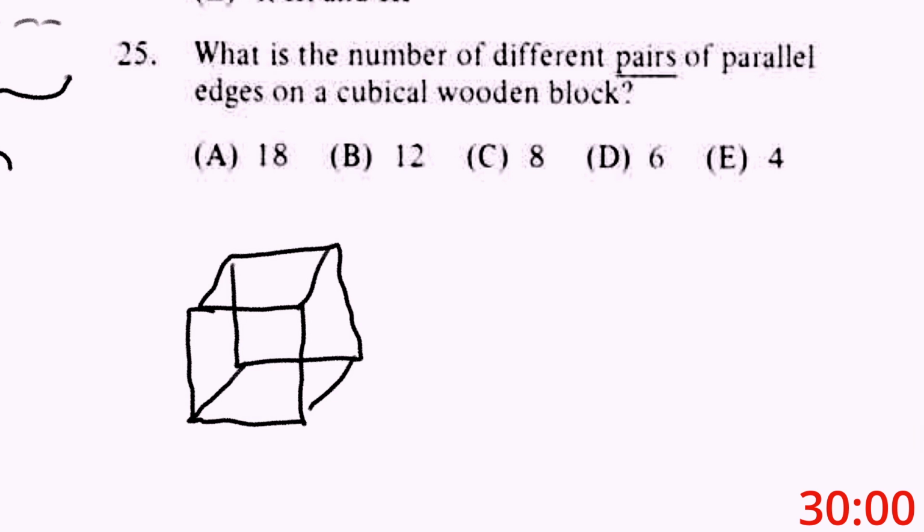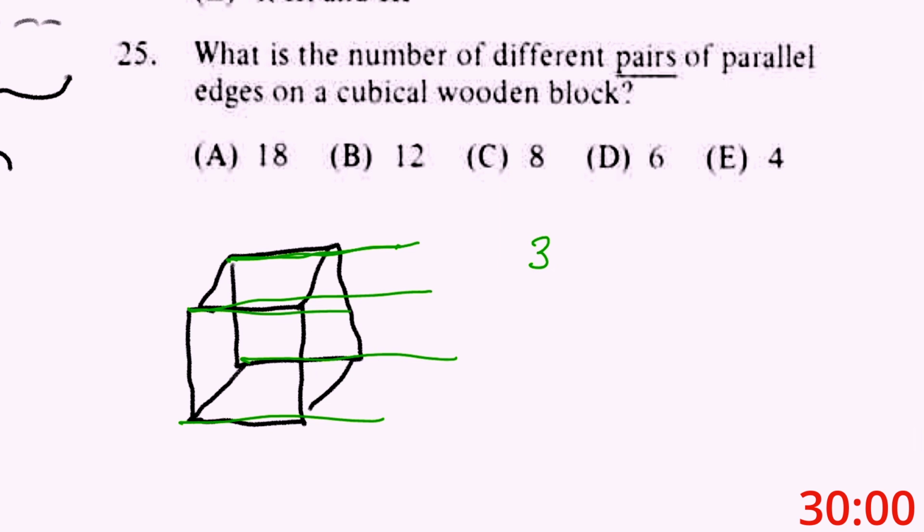So knowing that, I'm trying to say, what are pairs of parallel edges? Well, let's look at them in pairs. If I look at that line, what's parallel to it? Well, that one is, and that one is, and that one is. Okay, so that's 3. And then, what else is parallel?